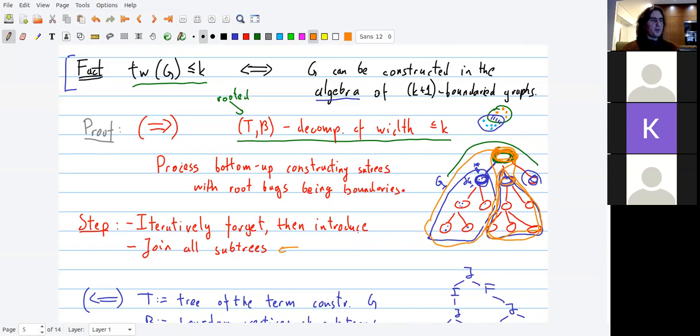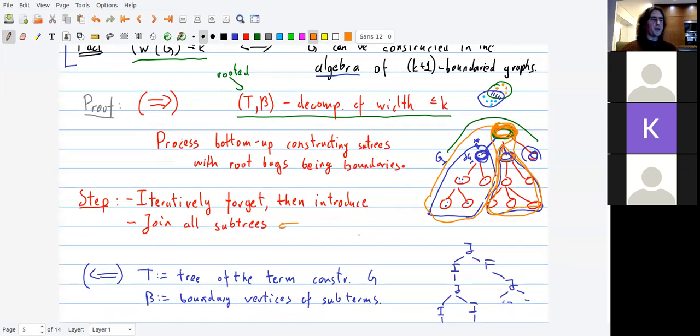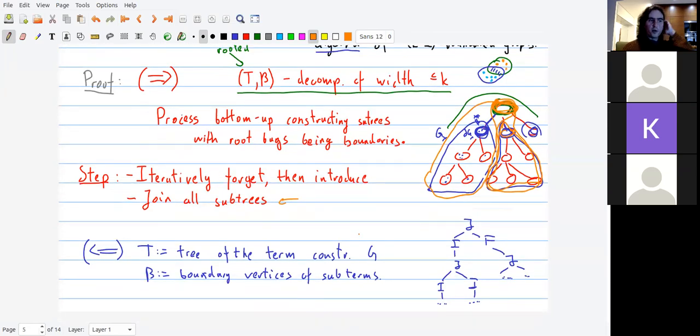Good. So this was one implication. It's just a bottom-up process that constructs the graph according to the tree decomposition. The other implication is actually even simpler. Namely, a construction in this algebra of boundaried graphs is actually a term, right? Because I have those operations.